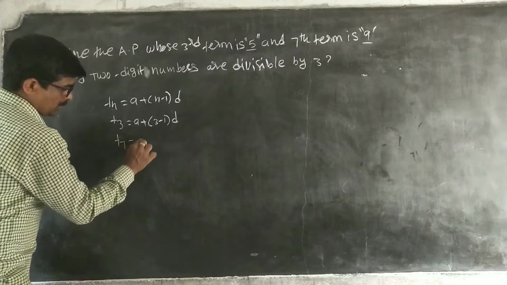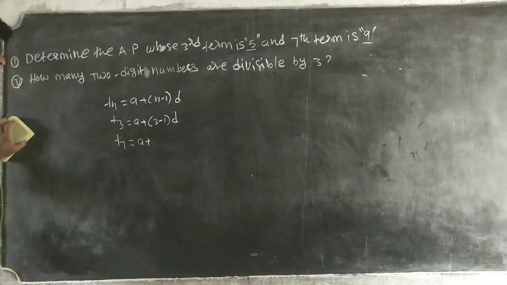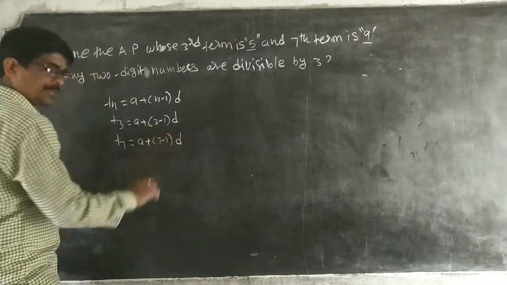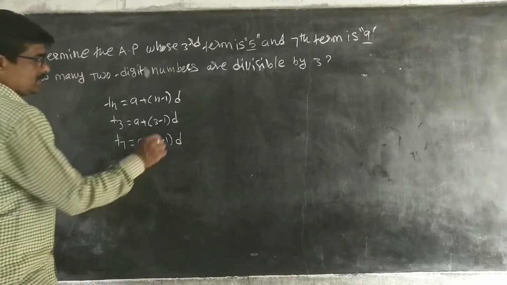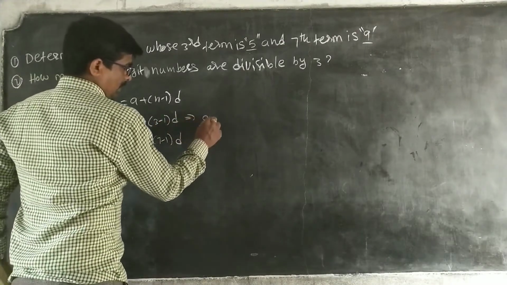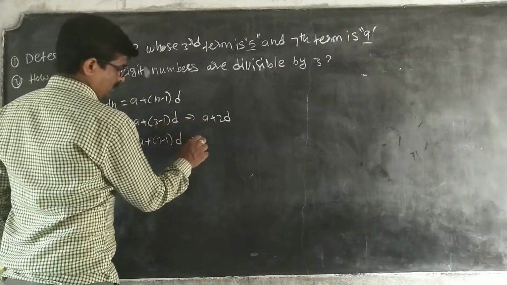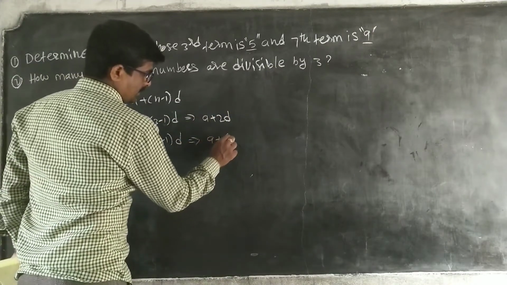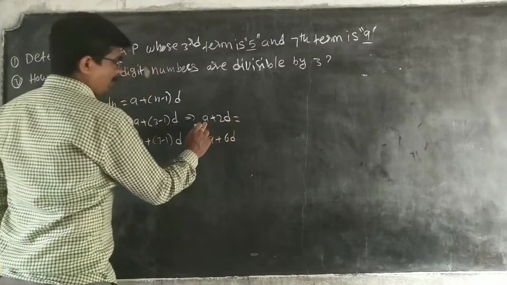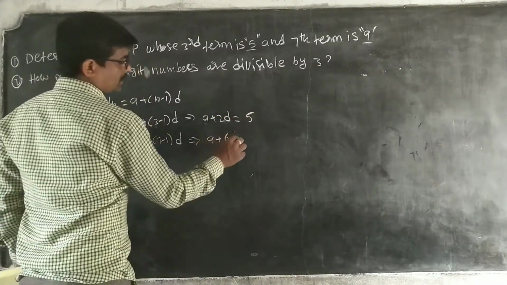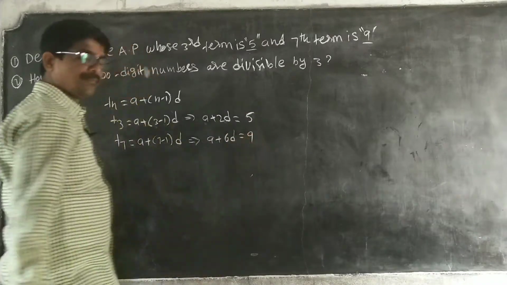T7 is equal to a plus (7 minus 1) into d, that is a plus 6d. So a plus 2d is the third term, 5, and a plus 6d is the seventh term, 9.